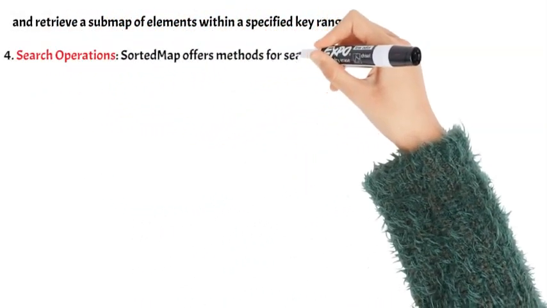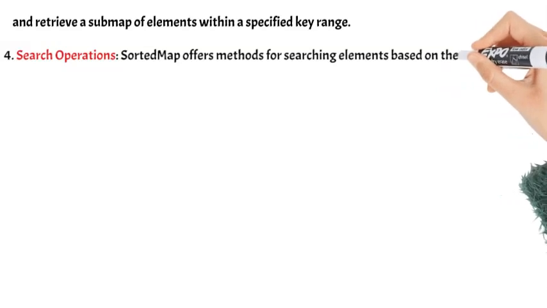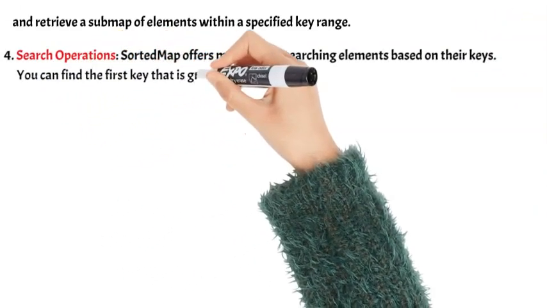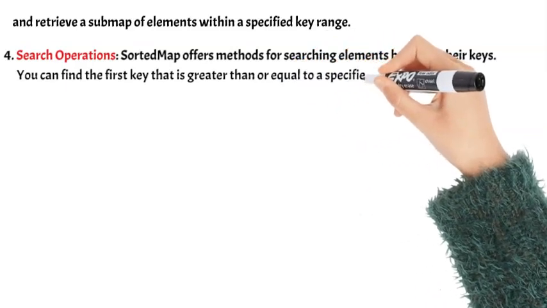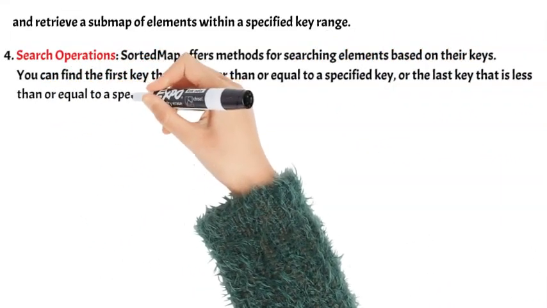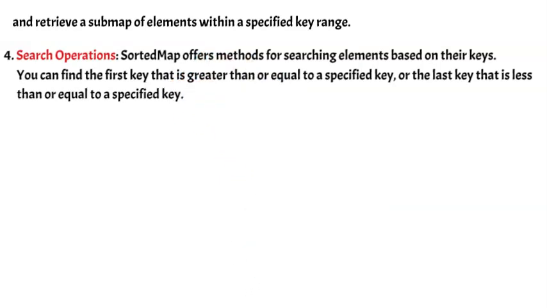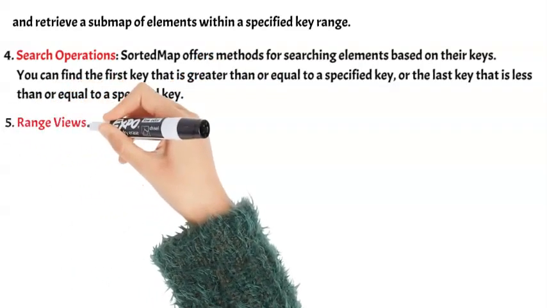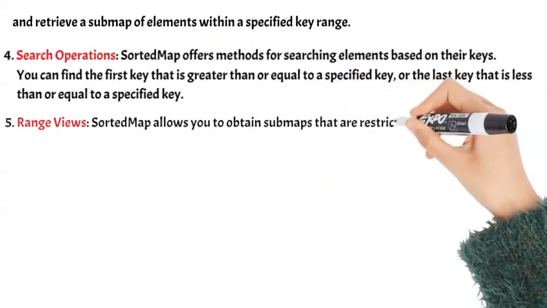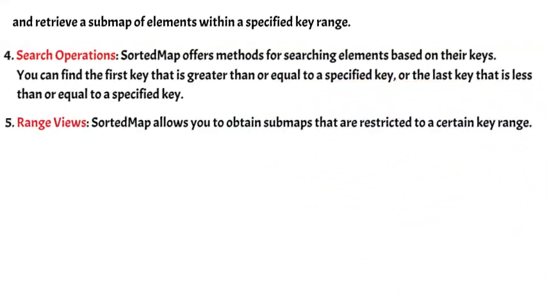SortedMap offers methods for searching elements based on their keys. You can find the first key that is greater than or equal to a specified key, or the last key that is less than or equal to a specified key. 5. Range views. SortedMap allows you to obtain submaps that are restricted to a certain key range.